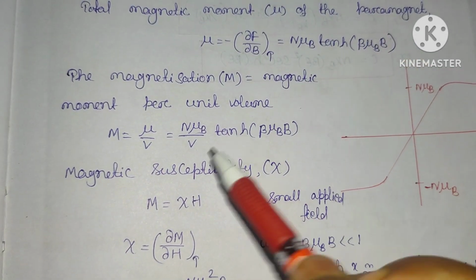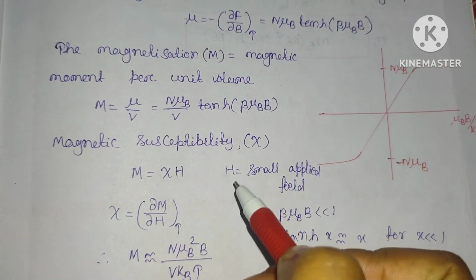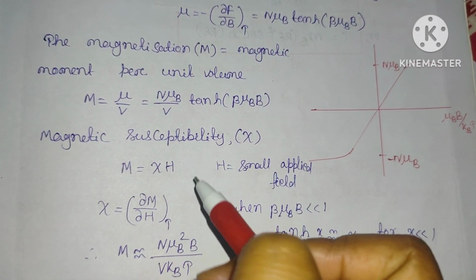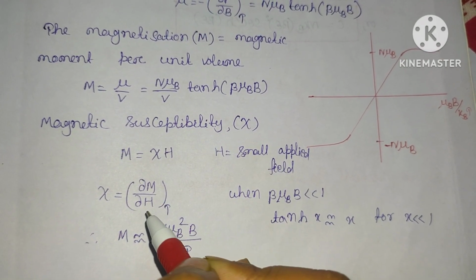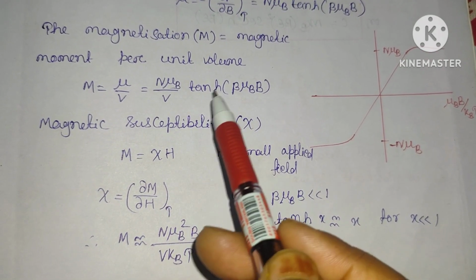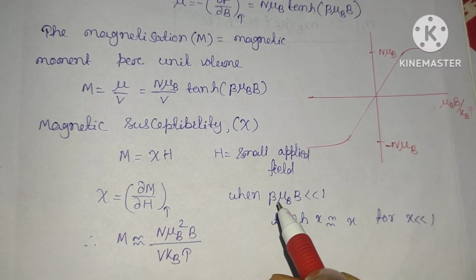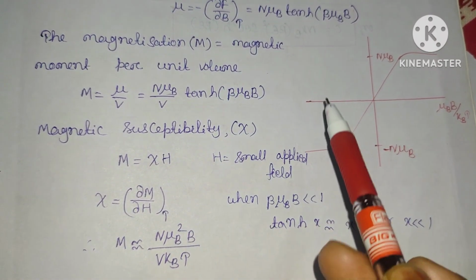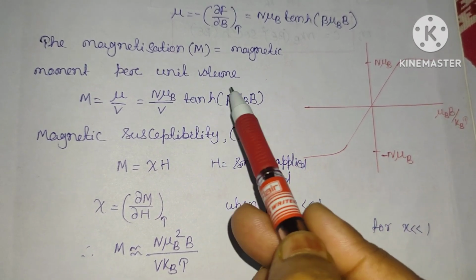So the magnetization, or the magnetic moment per unit volume, will be M equal to μ by V. Here this is the μ divided by V, and again the magnetic susceptibility you can calculate like M equal to χ into H. H is the applied field, or χ can be written as ∂M/∂H at constant T. So taking the derivative with respect to H, if βμB is very less than 1, in place of tanh, this is something x.